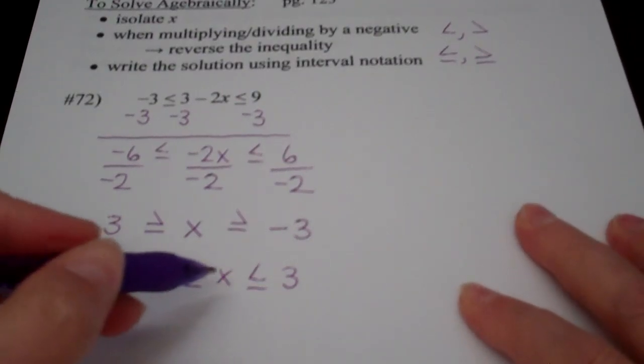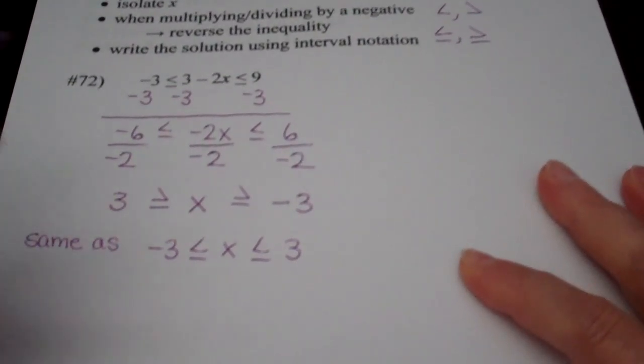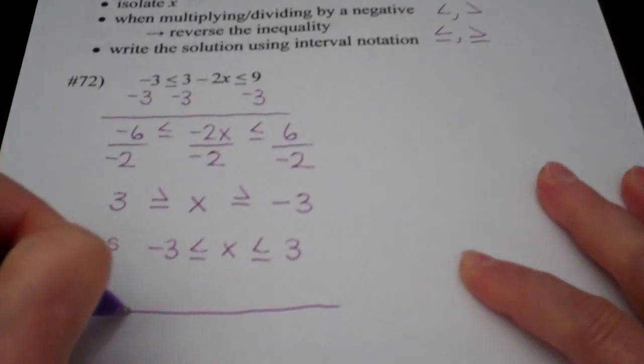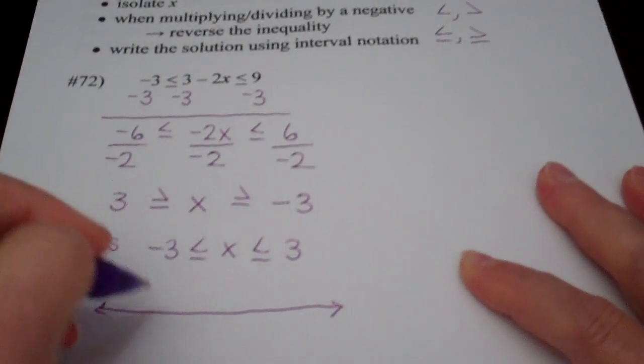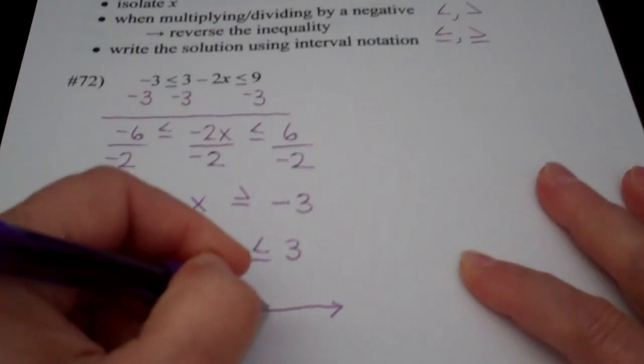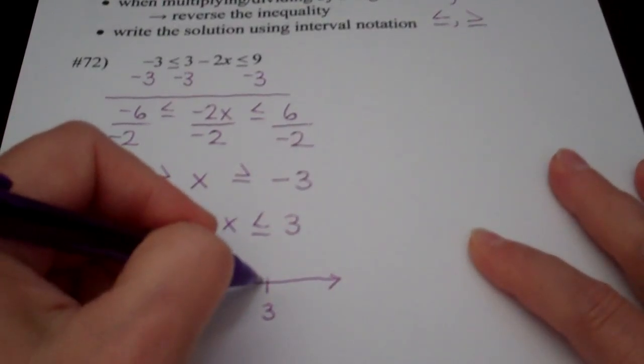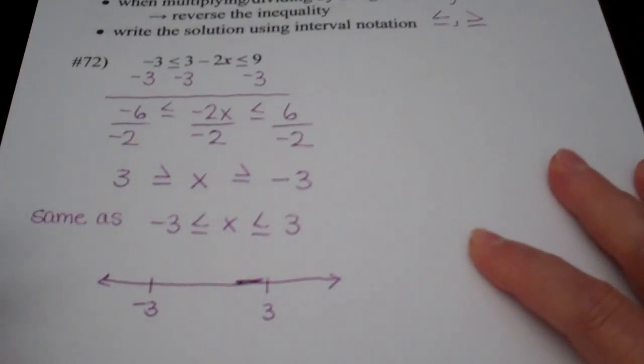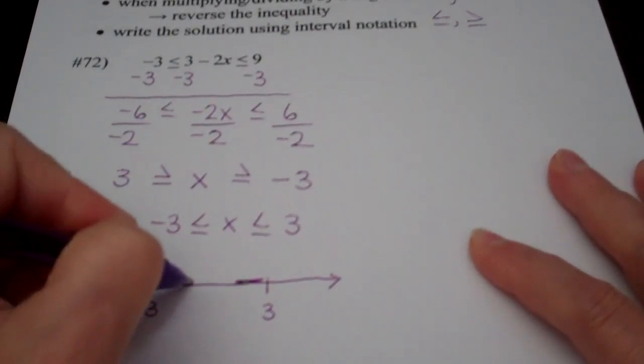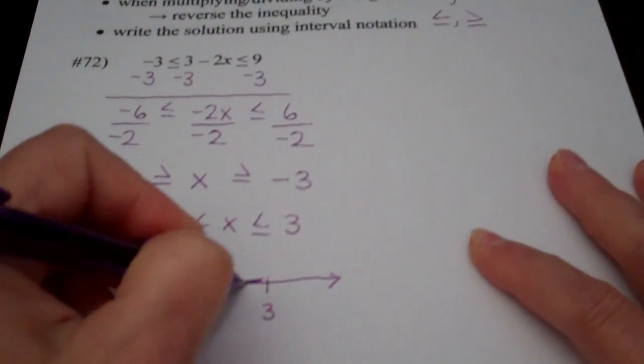And you might want it smallest to largest, because if you're going to use a number line to write your interval notation, this would line up best with the number line. So we can use our number line again as our visual aid. Notice x is in between, smaller than 3, and at the same time greater than -3. So these sort of join.